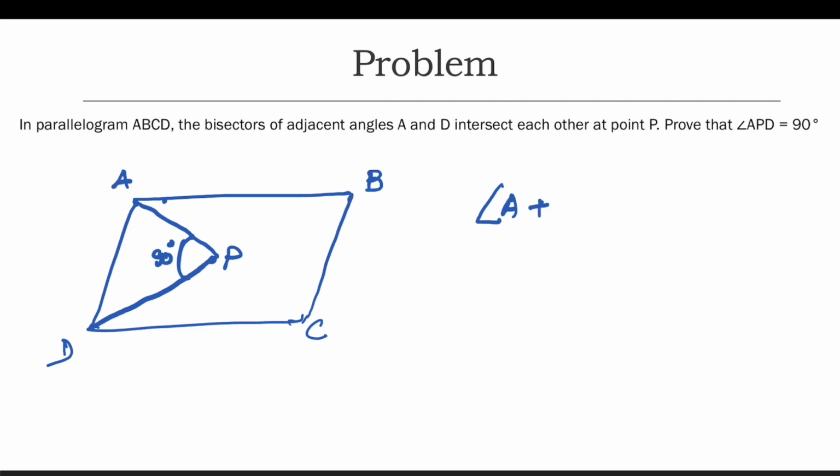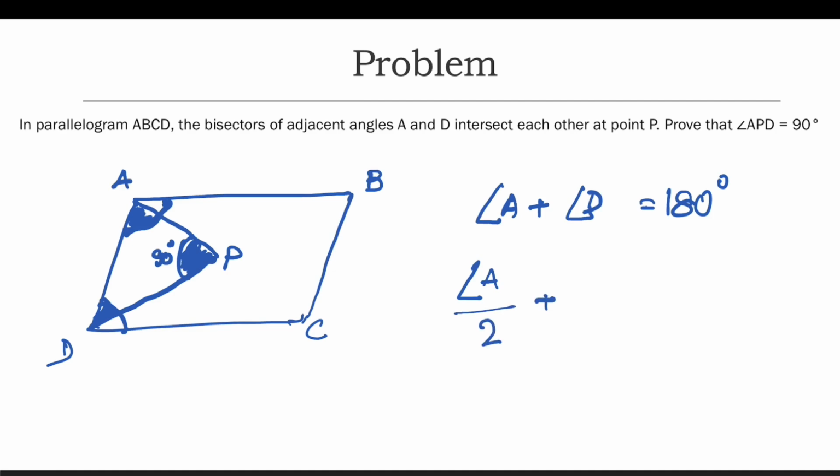Angle A plus angle D equal to 180 degree. We have proven earlier. So this entire angle plus this entire angle is 180 degree. This is one thing which we know. Second, what we know? This half of the angle is angle A by 2. And this again is bisecting it, so angle D by 2. And angle P. These three put together forms a triangle. Hence, the sum would be 180 degree.